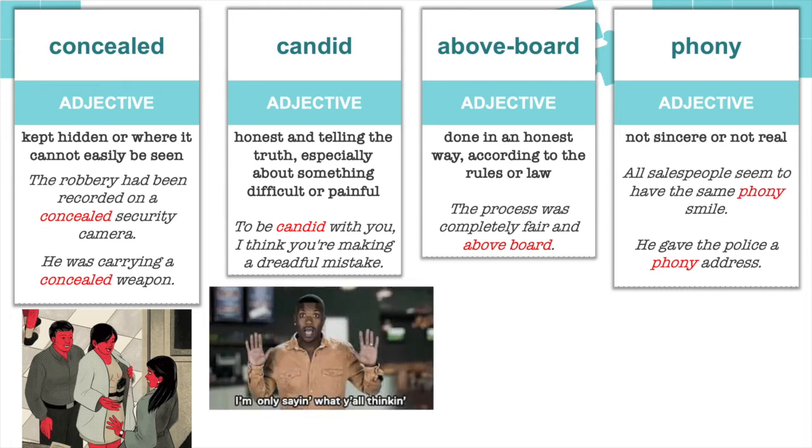And then we have this picture of, I'm only saying what you're thinking. You can also have a candid discussion with someone about a difficult topic. And that's another example. Then the word above board: done in an honest way, according to the rules of law. The process was completely fair and above board. So this means basically legal, right?